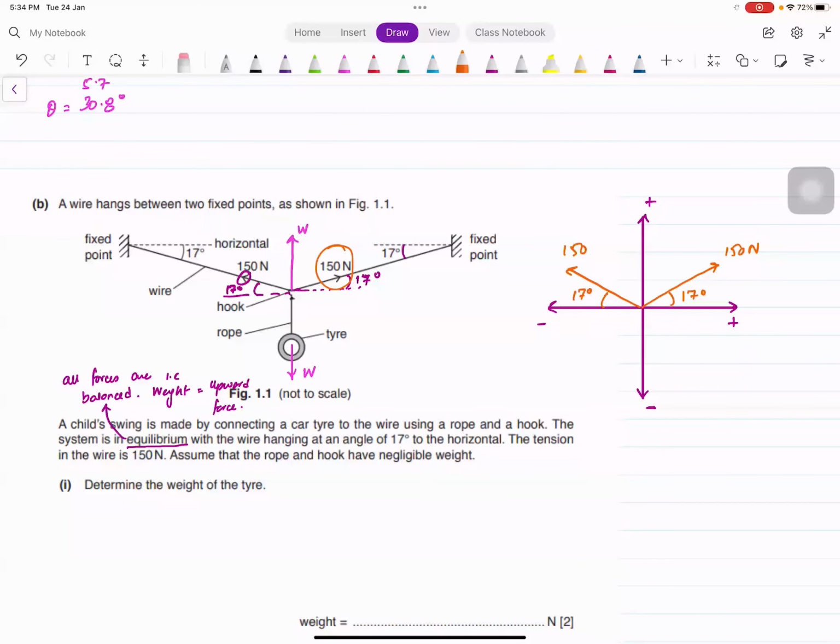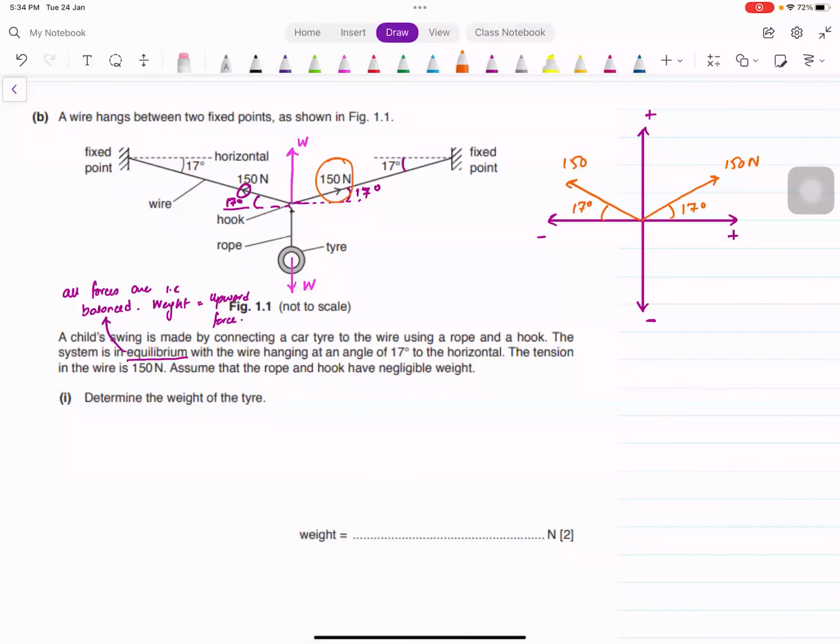Now, for example, I'm going to call this vector A, this vector B, and make a small table here. Write A, B, and write horizontal and vertical like this. So for the very first one, which is A, you might see that its components should be like this and like this.